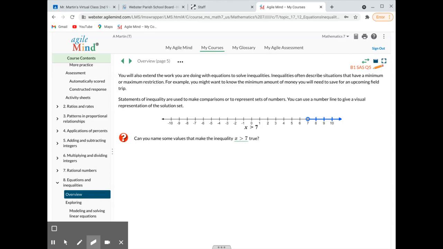We're going to focus on using number lines because that's how we're going to be able to answer these types of inequalities. So I'm going to ask you a couple of higher order thinking questions. What is the relationship between feet and inches?